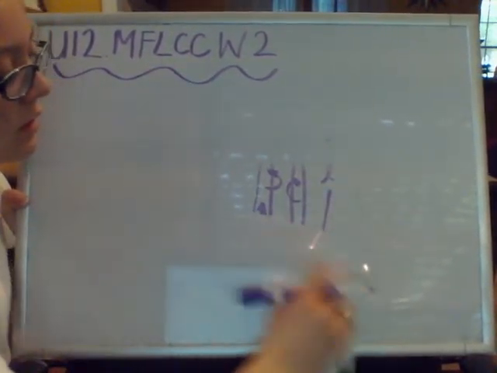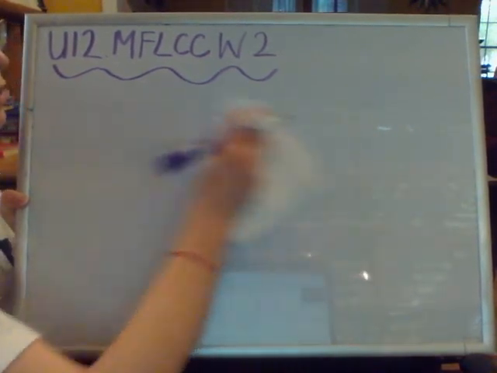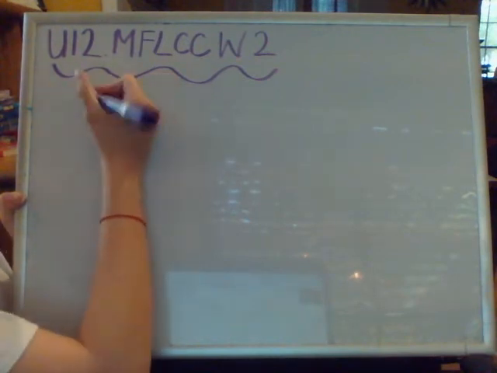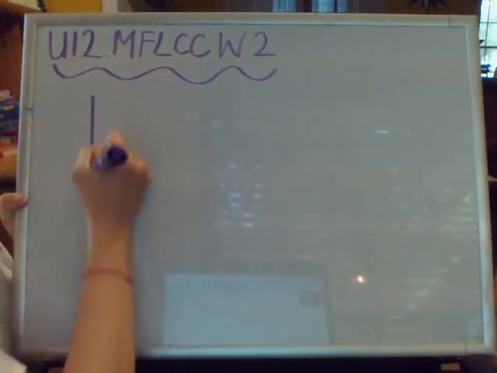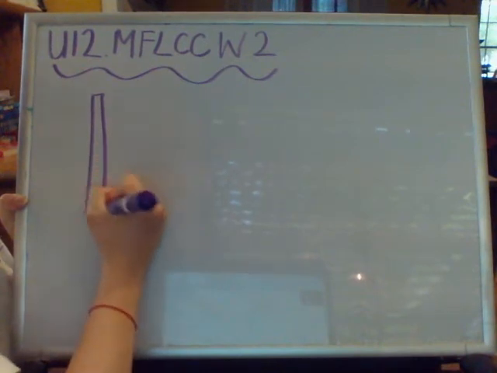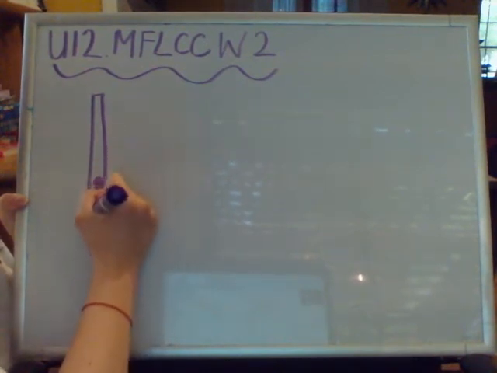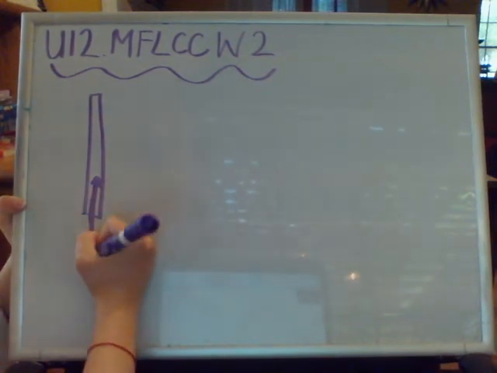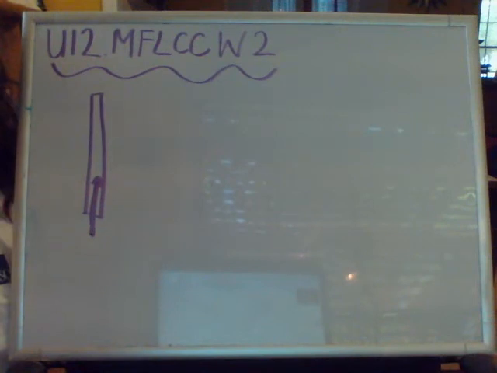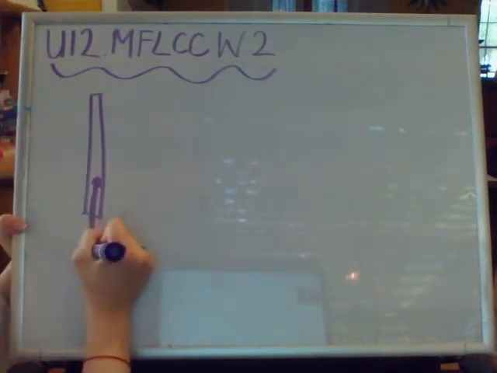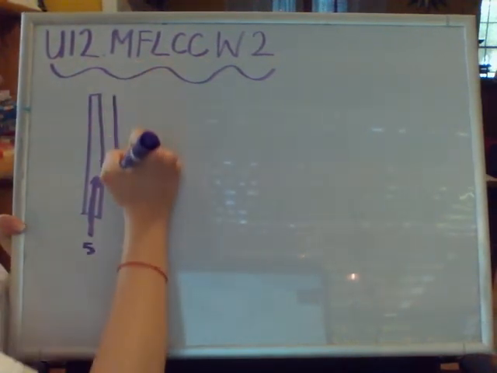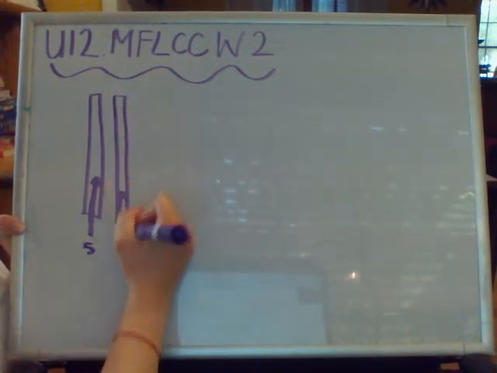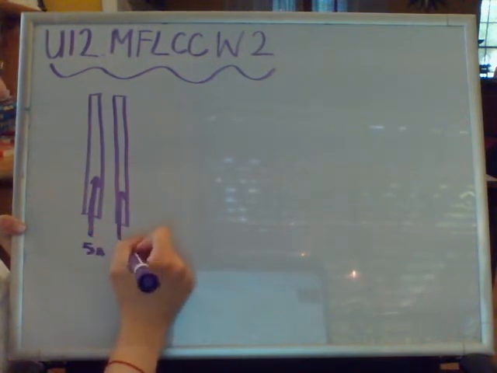So we're going to do one where the two current carrying wires attract each other. So we have one right here, and its current is going to be 5 amps, and this one is also going to have a current of 5 amps.